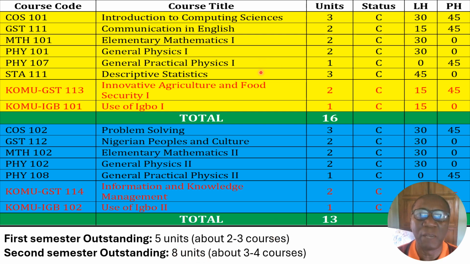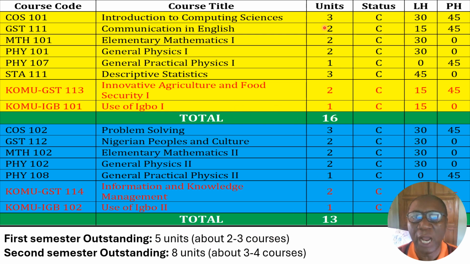We have dealt with step 1, which is getting the 70% compulsory courses. Then step 2, which is getting another compulsory 30% KOMU domesticated courses. Then step 3 is to determine the outstanding number of units.